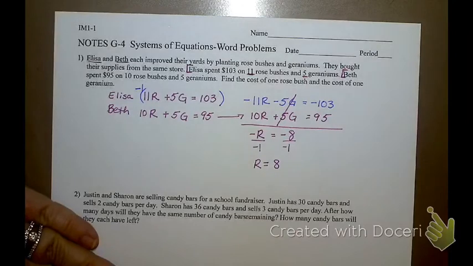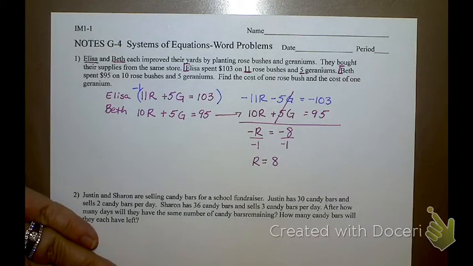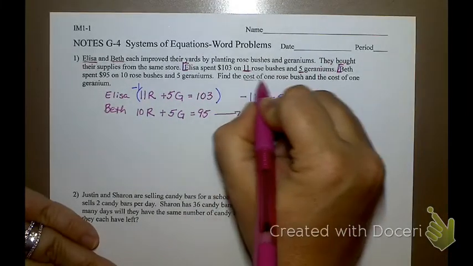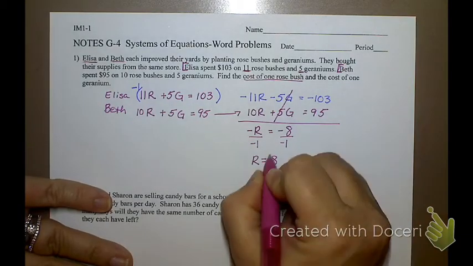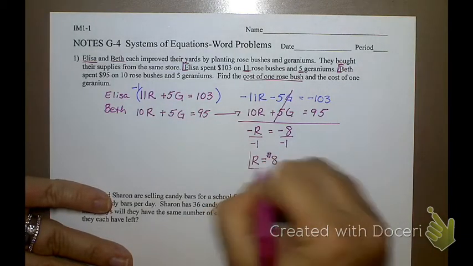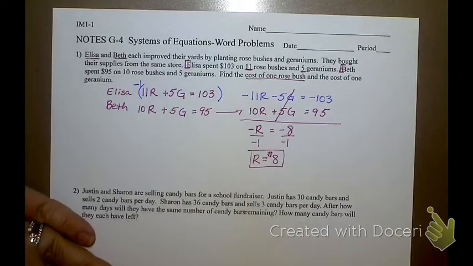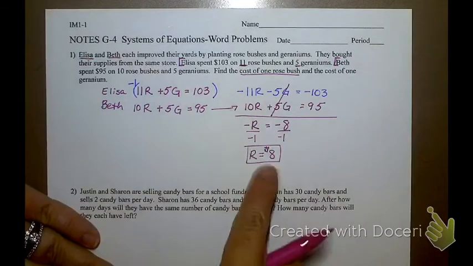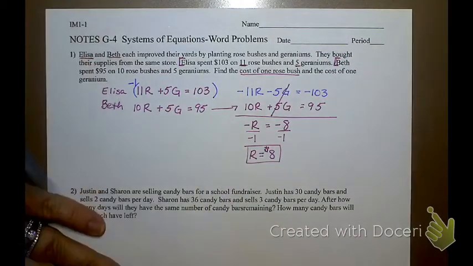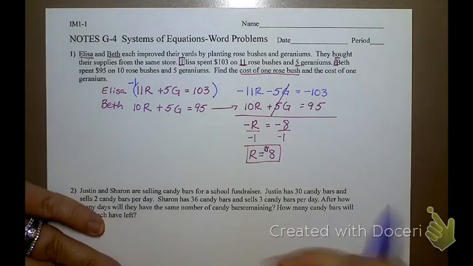What did I just find? How many rose bushes? I just found the cost of one rose bush. So rose bushes are $8. How do I find the geraniums then? Plug it back into one of my original equations. Doesn't matter which one. Pick one that has more reasonable numbers.